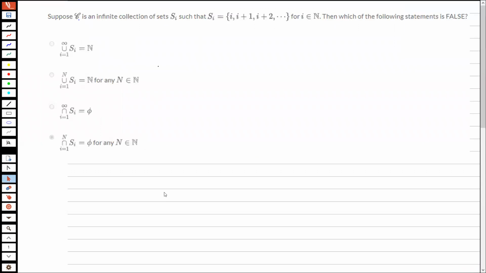This is the question, and S is a set, and the set is defined as starting from the ith number. So S1 is 1 to infinity, S2 is 2 to infinity, and so on.